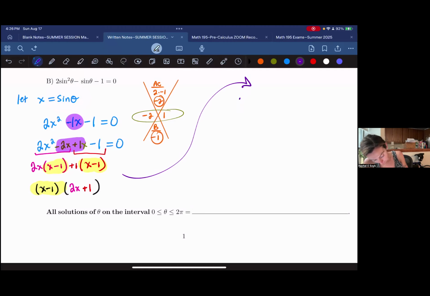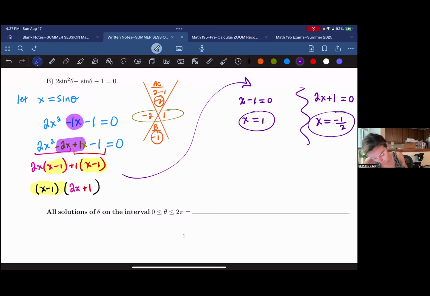So if we set x minus 1 equal to 0, we just simply get x equals 1. And then if we set 2x plus 1 equal to 0, we end up getting x is equal to -1/2 by just straightforward inverse operations.